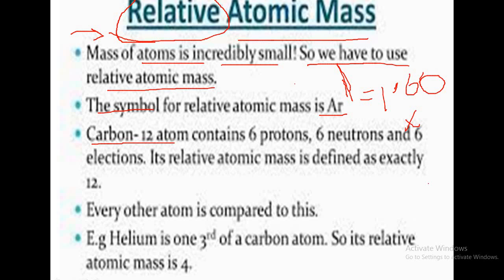These masses are too small, and it is inconvenient to use kilograms or grams as the unit. So it was considered appropriate to use the mass of some standard atom as the unit and then relate the mass of other atoms to it. That resulted in the relative atomic mass, or RAM, or atomic weight.